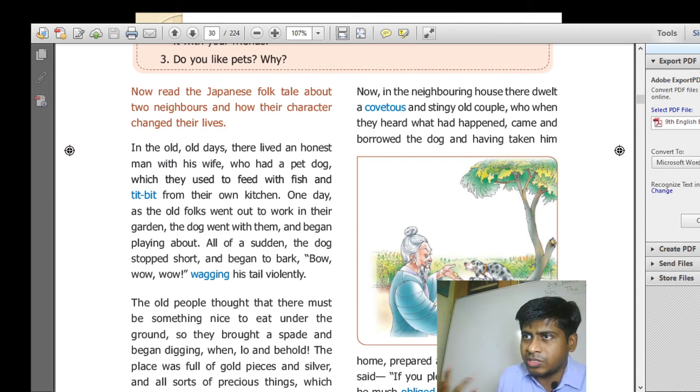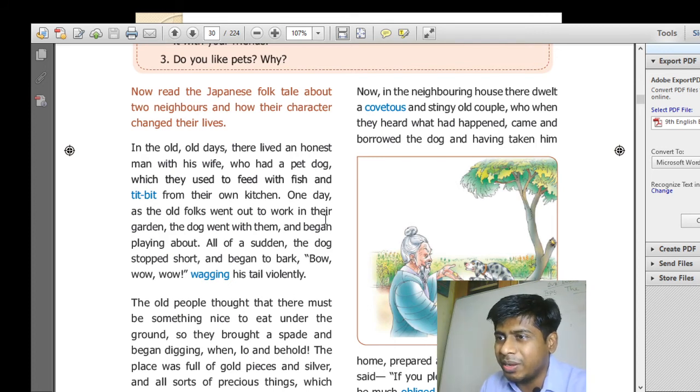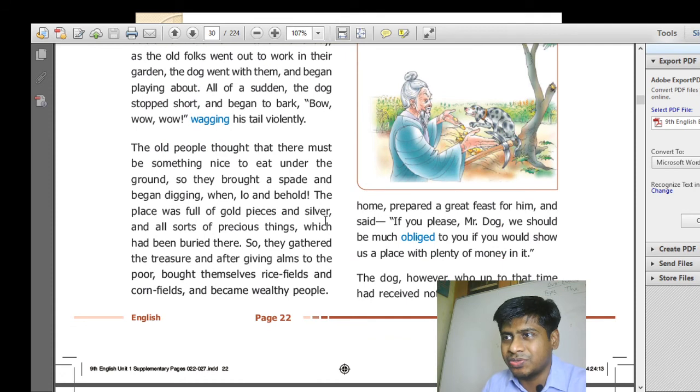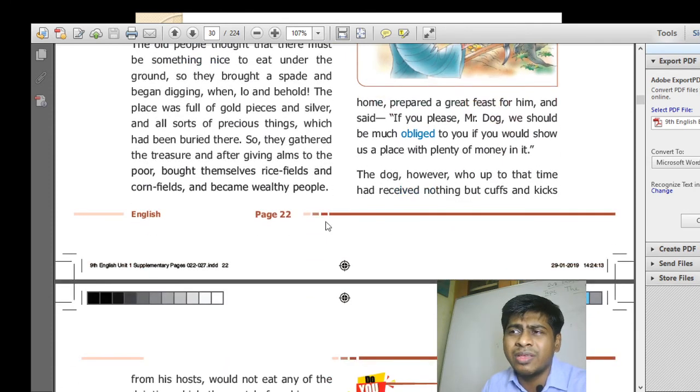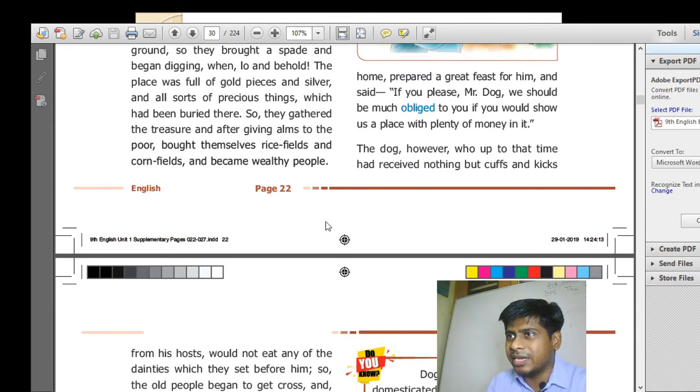Somehow they will come to know. So these people heard what happened, and they came and borrowed the dog. And once they borrowed the dog, they are being very generous to the dog now. They are treating it with respect, and they say, if you please, Mr. Dog, we should be much obliged. We will be very thankful to you.